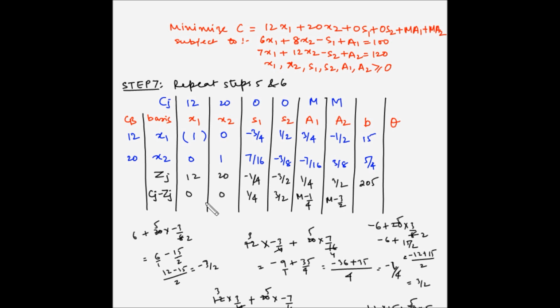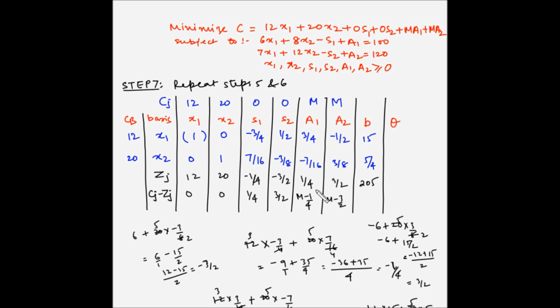So here 0 and 0 of course means that there is no chance of improvement, because the cost is going to be the same if we introduce any more of these units in the solution. 1 by 4 and 3 by 2 for columns S1 and S2 indicate that if we increase these two, then the cost is going to increase, whereas we want to minimize the cost.